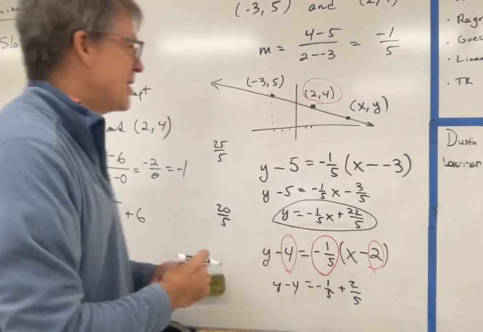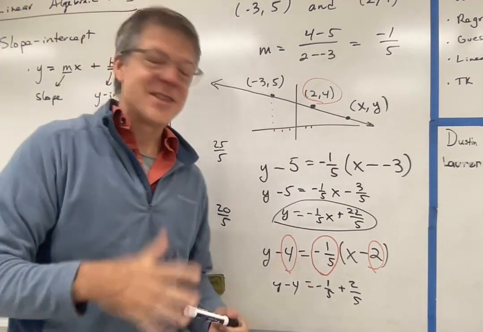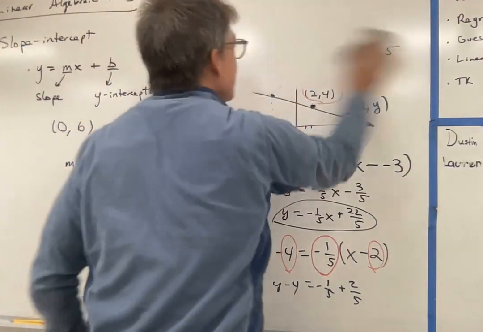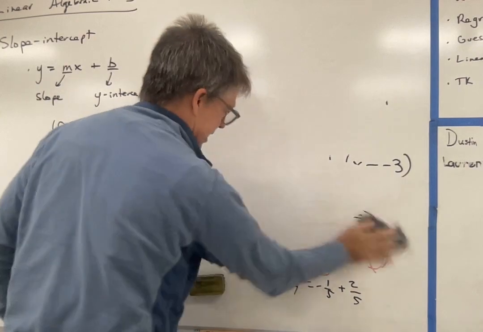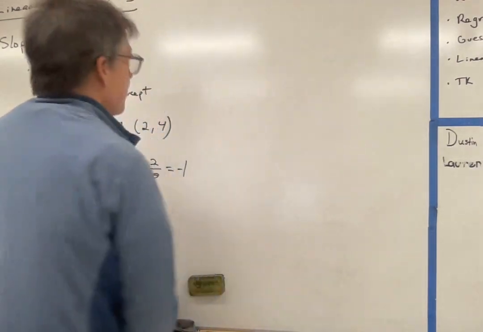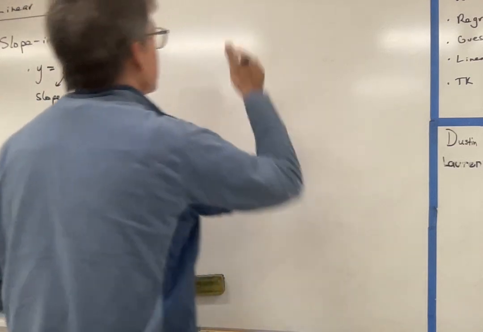That's the big thing. So here's what you should put in your notes after that butchering. Point slope form looks like this, and this is the algebraic rule that gets used way more often, okay?